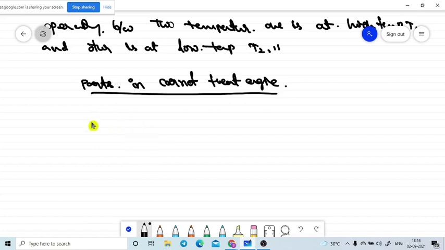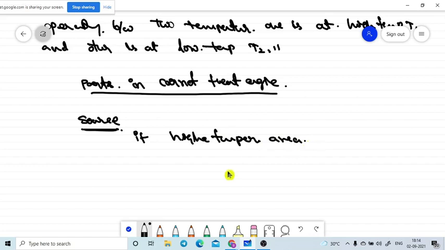First one is the source. Source is nothing but a high temperature area. So this place has the high temperature, and generally the temperature of the source is taken as T1.